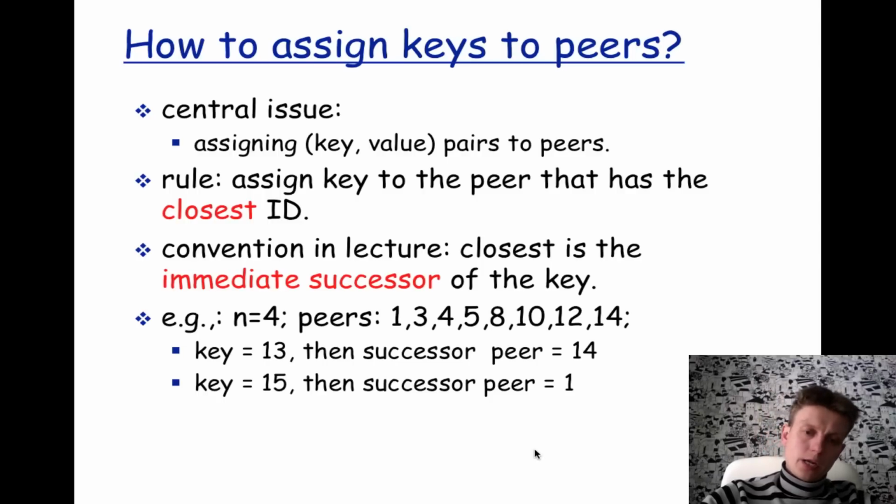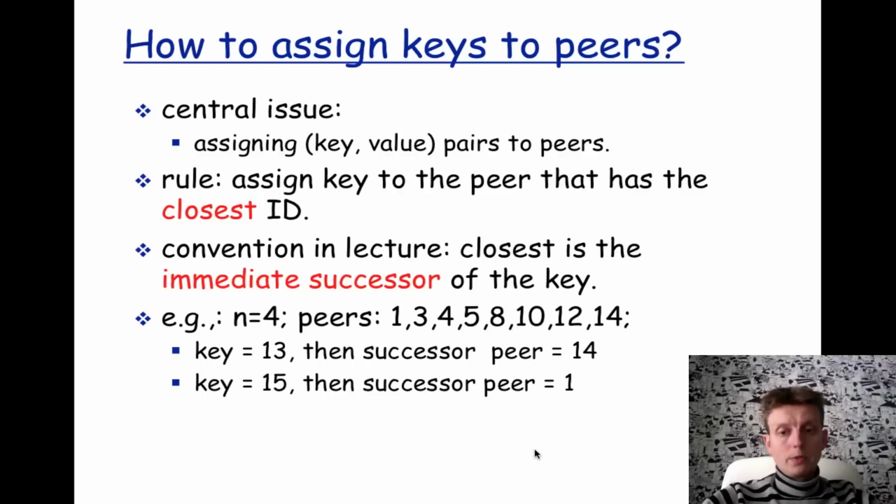If by any chance, as a result of computing the hash function, we've got the key 15, again the peer with identifier 15 is not present in our network, so the immediate successor of the key would be 1.